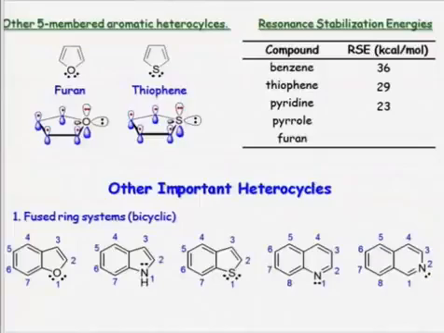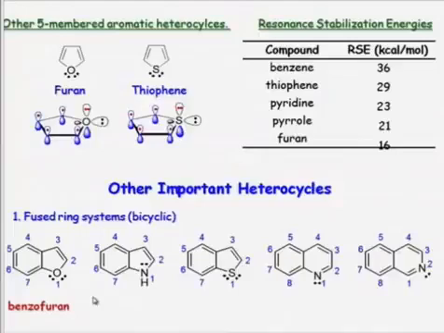Although you don't need to memorize the data in this table, it's just worth noting qualitatively that these heterocyclic systems are not quite as stable relative to the benzene system. As we all know, benzene is quite inert to many reactions. Therefore, the heterocyclic systems may not be quite as inert to certain reactions.